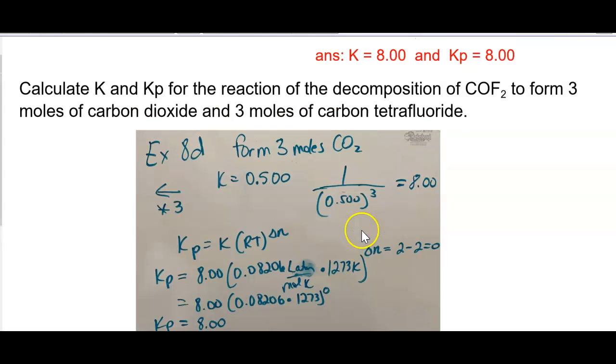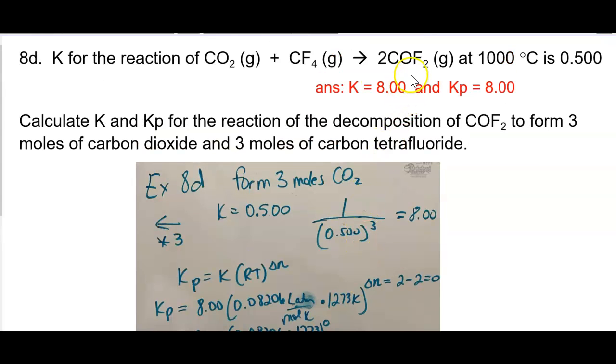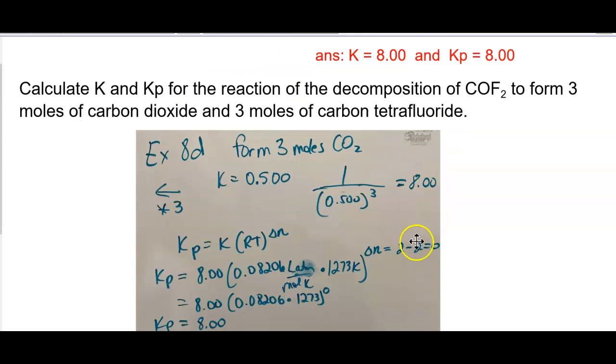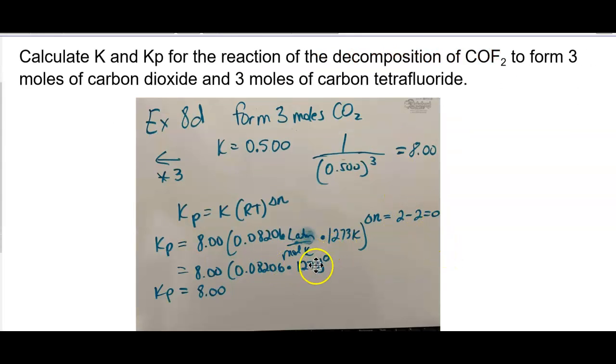Now we need to be careful about this because when we look at this, we have 2 on this side and 2 on this side, but technically, when we did all this work, we reversed it. So it would have been 2 minus 2, but written in the reverse position. So 2 minus 2 here is 0, and anything raised to the 0 power is 1. So that's why my K and my Kp are 8.